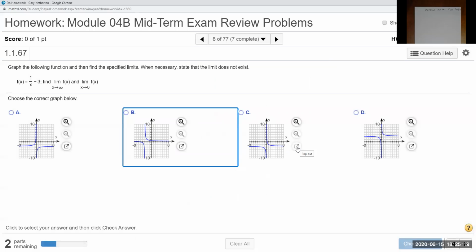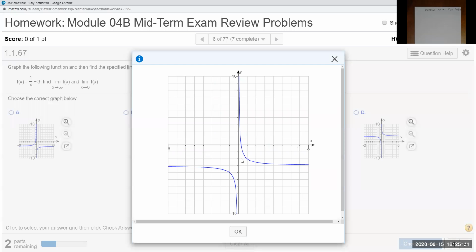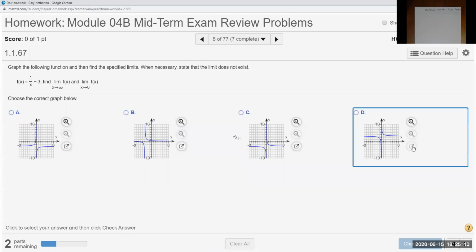How about C, when x is 1, the function here is -2. So it looks like C looks correct, although I have to check D, because it may also have the same point on there. I don't know. Let me go check D.